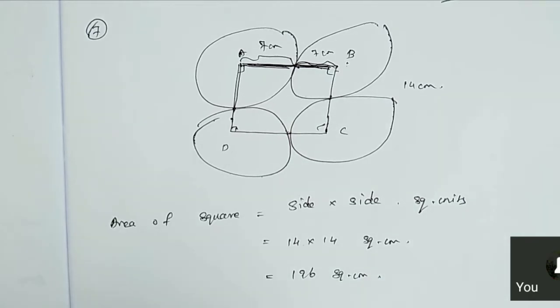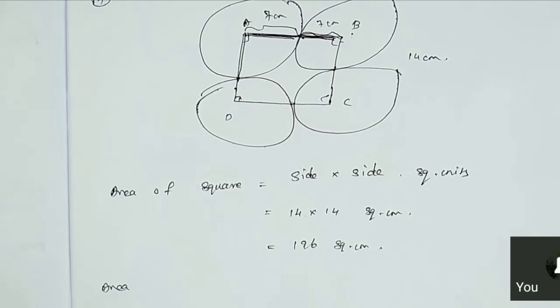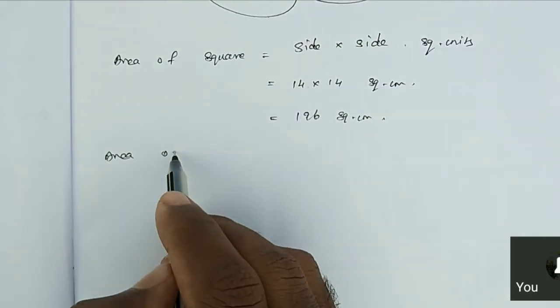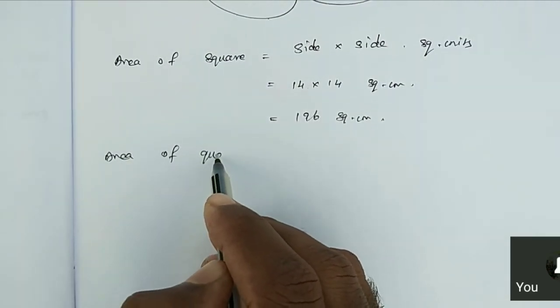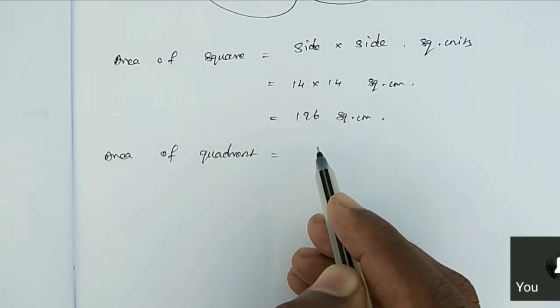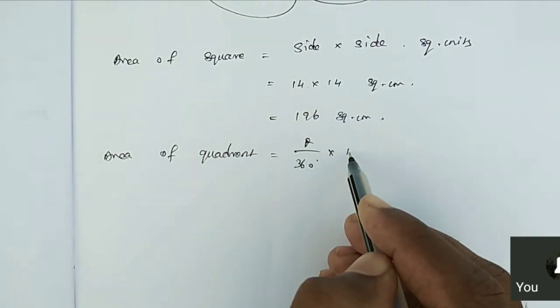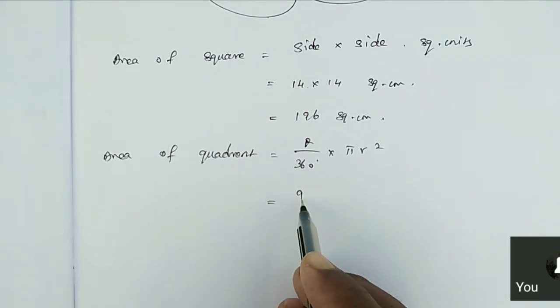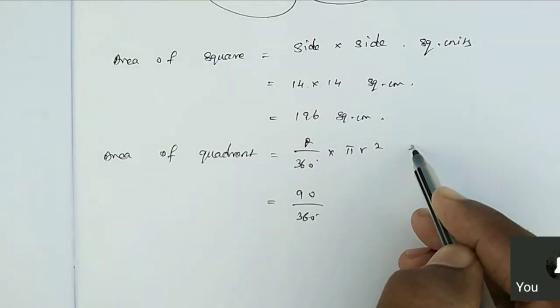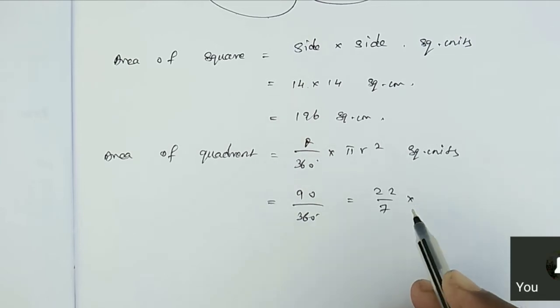Now the area of a quadrant. What is the formula? Area of a quadrant is equal to theta by 360 degree into pi r square. So theta here is 90 degree by 360 is equal to 22 by 7 into r square.